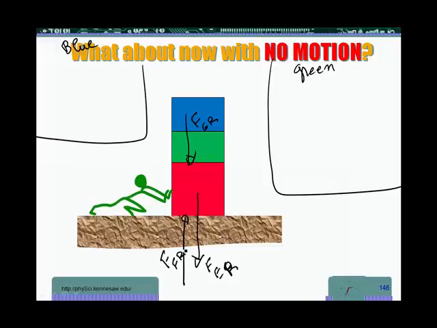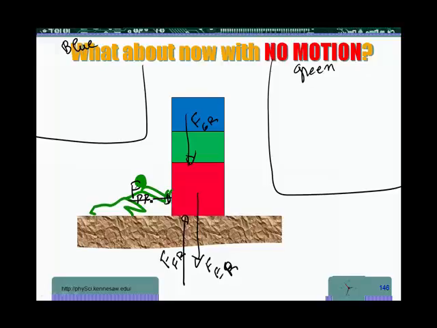Now we have this push here exerted by this thin fellow, so we call it FP on red, push on red.